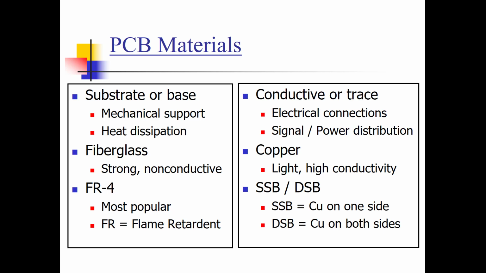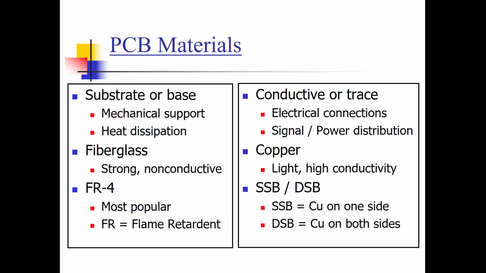The higher the number, the more flame retardant it is, so basically the more of that bromide material is put within the fiberglass. But FR4 is the most popular because it gives good resistance to possibly burning up and starting a fire, and it's at a good price for that amount of protection.